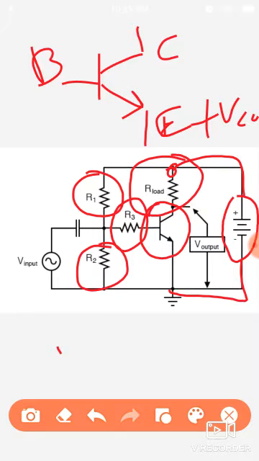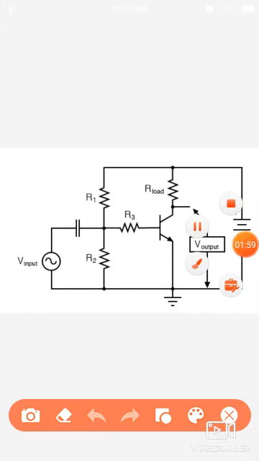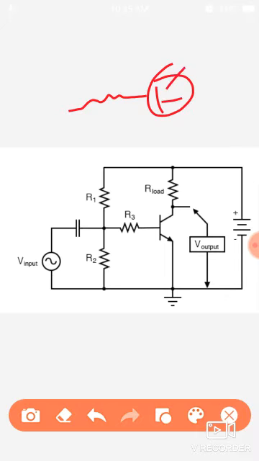To apply supply at the base of the transistor, we can take it in the following way: this is the emitter, collector, base.